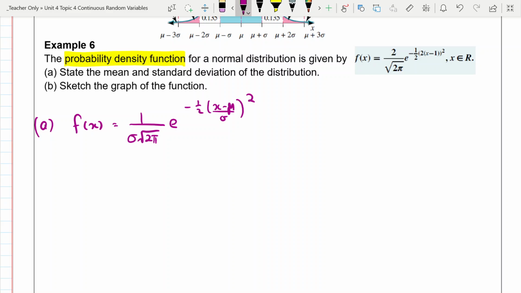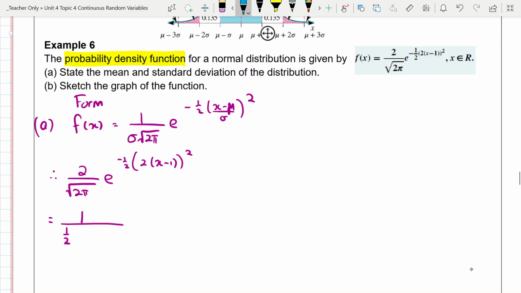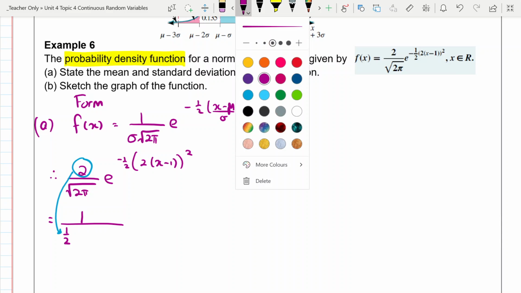Now we need to get it into that form, and you'll notice it isn't quite in that form. So I can rewrite that: we've got 2 over root 2 pi, e to the negative a half, 2x take 1, all squared. It's nearly there. Let's take that 2 down so that I can get it to be a sigma. So I need to write it as a half, taking this 2 underneath my vinculum.